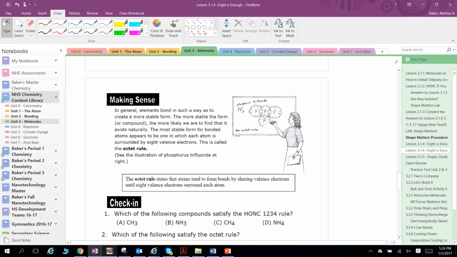By the way, the idea that elements want to have 8 electrons surrounding them is called the octet rule. Of course, the exception to the rule is small atoms like hydrogen and helium. They're happy to just have 2. Hopefully that gives you enough to be able to answer the check-in and the homework questions.